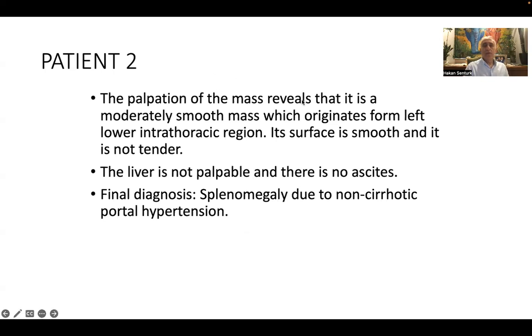The palpation of the mass reveals that it's a moderately smooth mass which originates from the left lower intrathoracic region. Its surface is smooth and it is not tender. The liver is not palpable and there is no ascites. In this patient, the final diagnosis is splenomegaly due to non-cirrhotic portal hypertension. Non-cirrhotic portal hypertension means that there is portal hypertension, varices, but no cirrhosis.